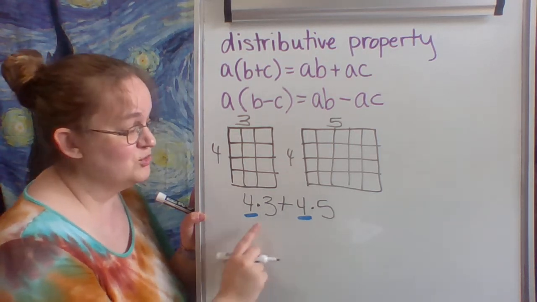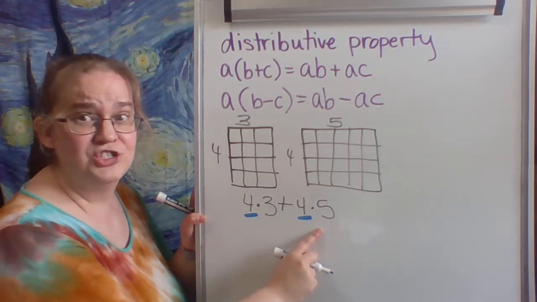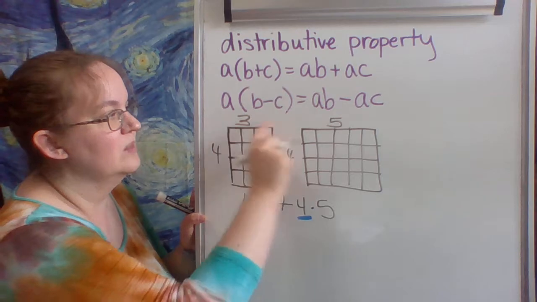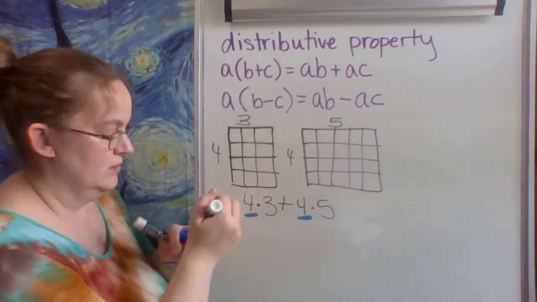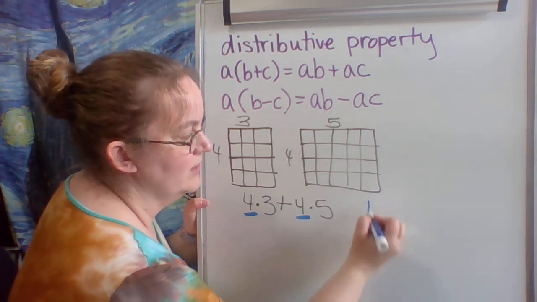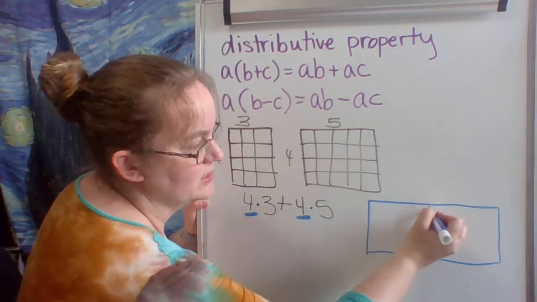So instead of treating it like 2 separate rectangles, I could treat it like one giant rectangle that had 4 by one side, and the length of the other side would be like 3 plus 5. So I didn't really leave room for that, but I could see this as one giant rectangle.